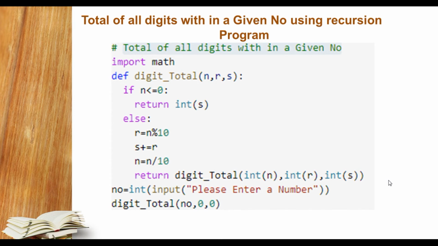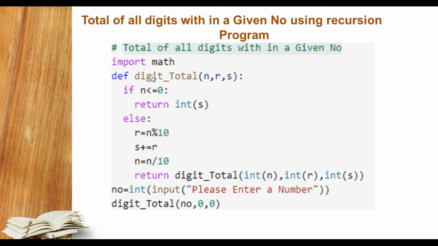So what I am going to do student, first of all I have used the math module. Why? Because when we divide numbers in the recursion method, or anywhere, a float value automatically comes. To avoid this, we need to use this particular functionality, that is the integer or ceil method.